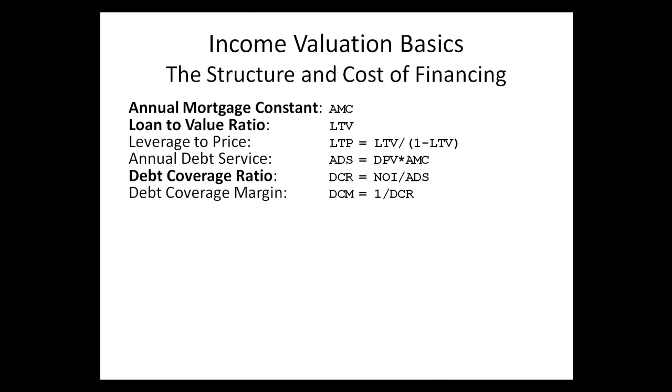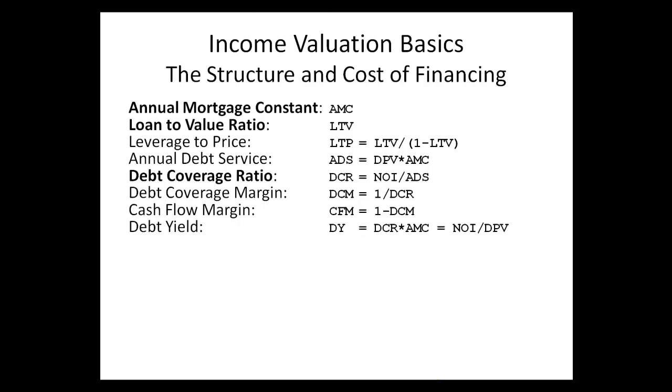If you calculate the reciprocal of the debt coverage ratio, you get the debt coverage margin. This is how much of the net operating income is dedicated to debt service. And the cash flow margin is 1 minus the debt coverage margin. That's the ratio of the net operating income that goes into the owner's pocket.